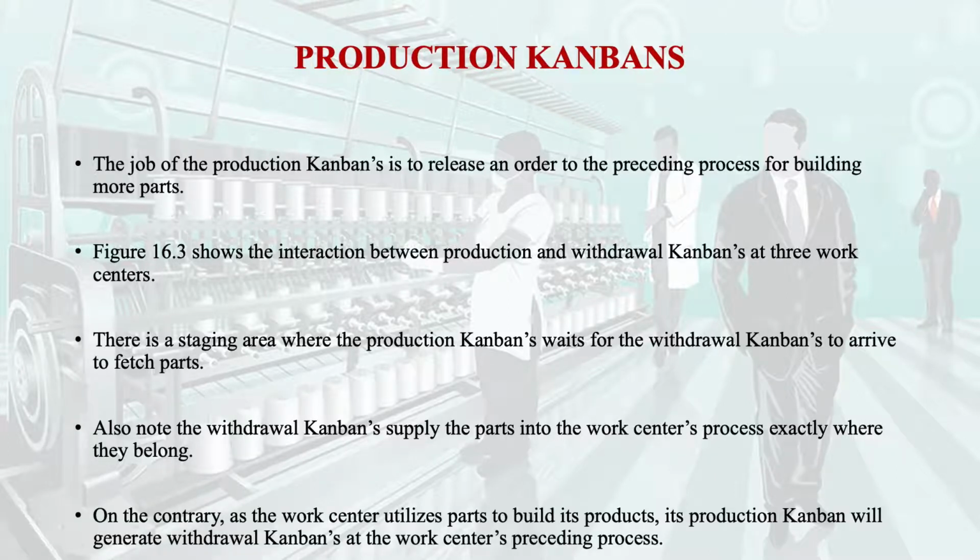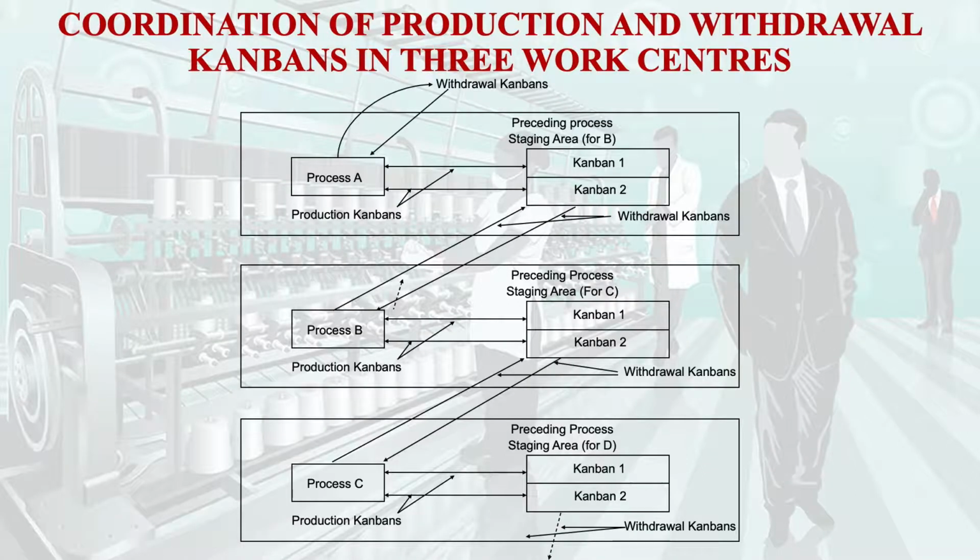On the contrary, as the work center utilizes parts to build its product, it is a production Kanban which generates the withdrawal Kanban at the work center's preceding process. This diagram will provide you the coordination between production and withdrawal Kanban in all the 3 work centers. It is my advice that you should first go through the details about the withdrawal Kanban and the production Kanban, and then try to interpret this figure.